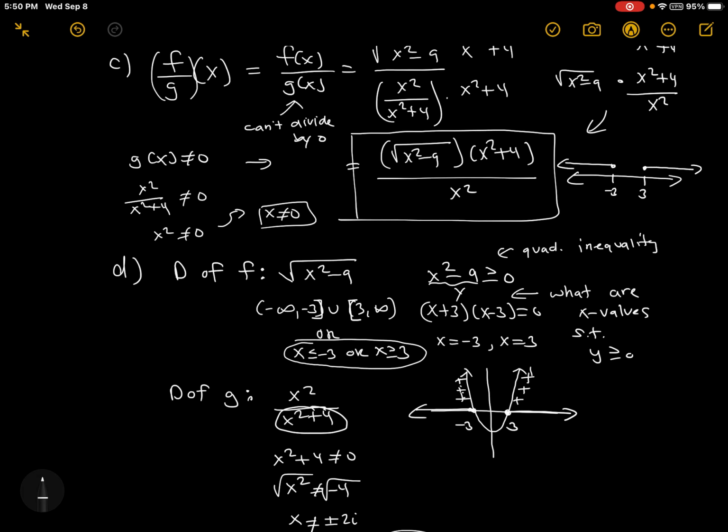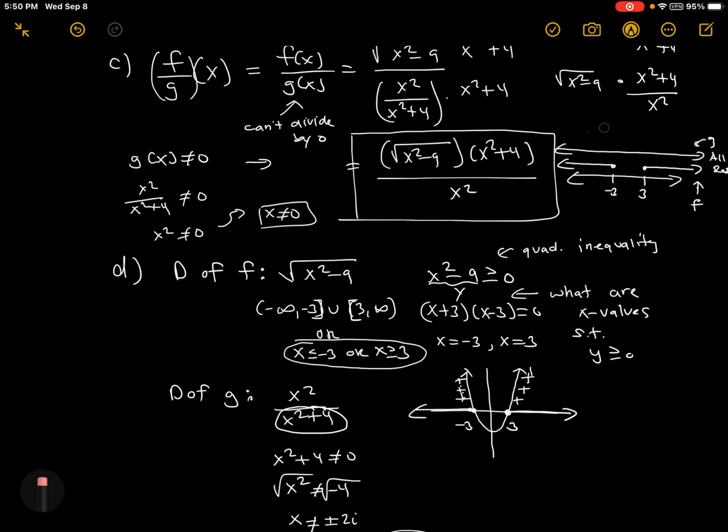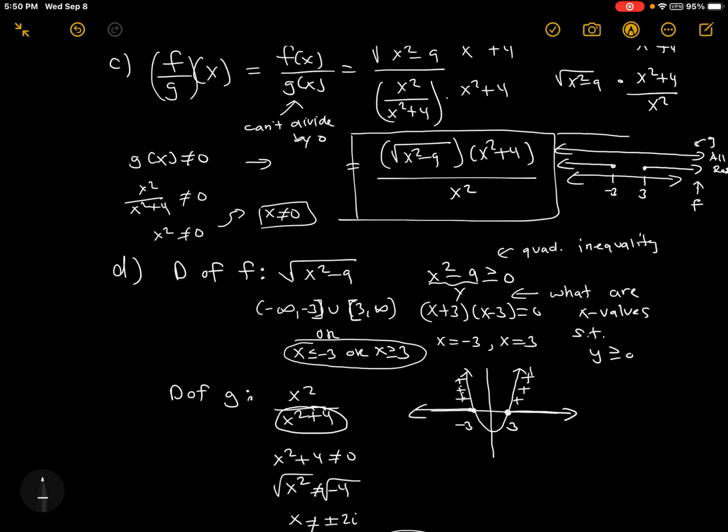The domain of g is all real. That's g. Sorry, I'm running out of space here. And then this is where g of x can't equal 0. So let me erase this. This is where g of x can't equal 0.